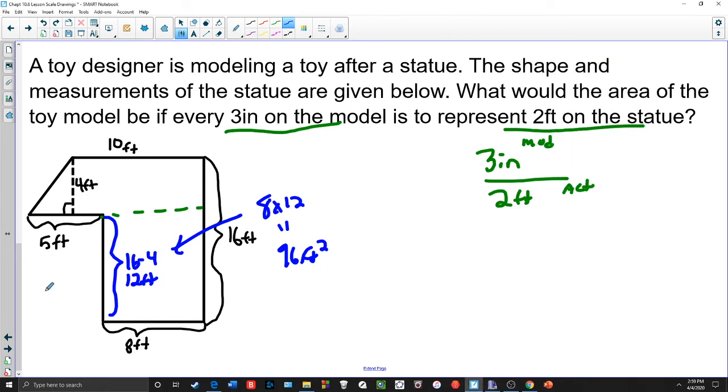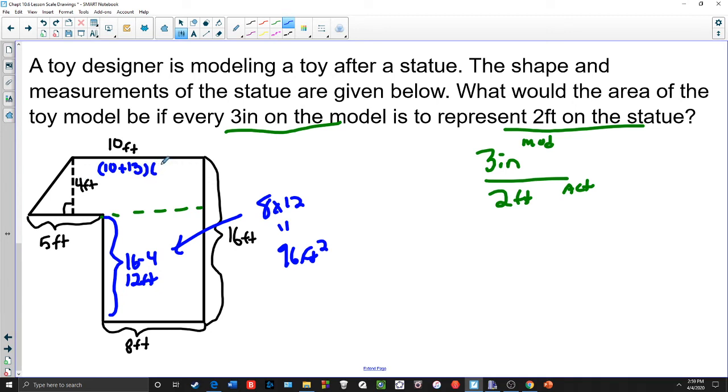So 96 feet squared. And on the top here, we have a trapezoid. So we need the base 1 plus base 2 divided by 2 times our height. Base 1 is 10. Base 2 is 5 feet plus 8 feet because I want the entire base 2, so that's 13 feet.